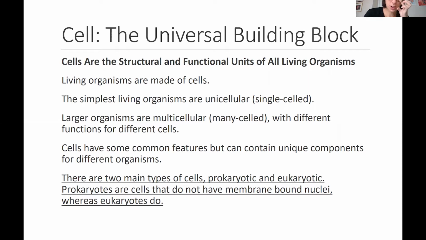Prokaryotic cells are cells that we generally define as not having a membrane-bound nucleus, whereas eukaryotics do. So this is the main difference. I've underlined it because it is very important. Prokaryotes do not have a membrane around their nuclei, eukaryotes do.